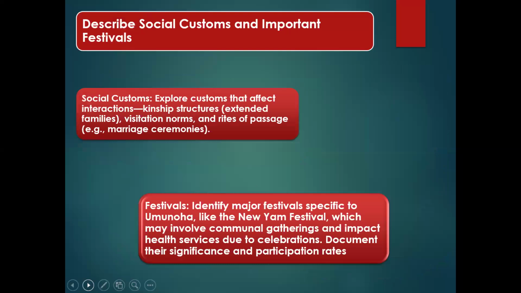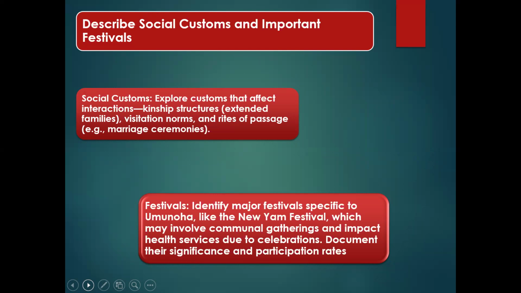Then describe social customs and important festivals like masquerades. You are going to explore these customs that affect interactions, kinship structure, extended families, visitation norms. How do those people allow people to visit? How do they treat visitors? What type of rites do they permit in terms of marriage and burial? Are they affecting health?